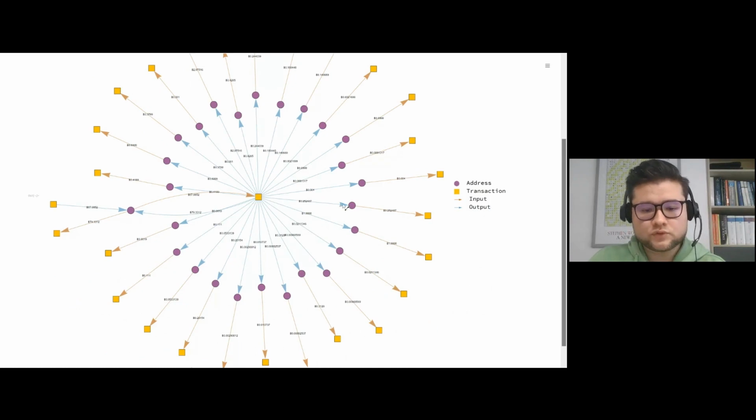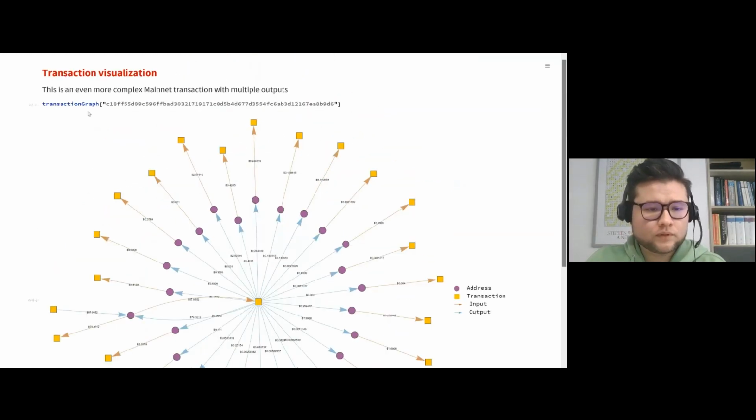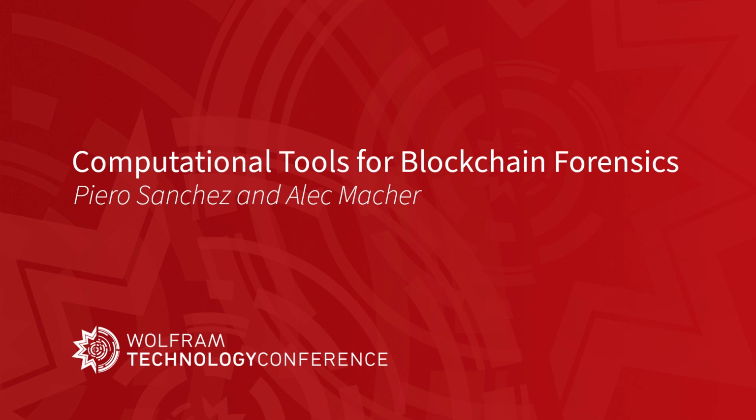So you can use these tools to get a more visual image of this transaction. And you can even make the function so it goes further to the past or to the future if you need to. Okay, so now I'm going to stop sharing my screen so Alec can start sharing his.